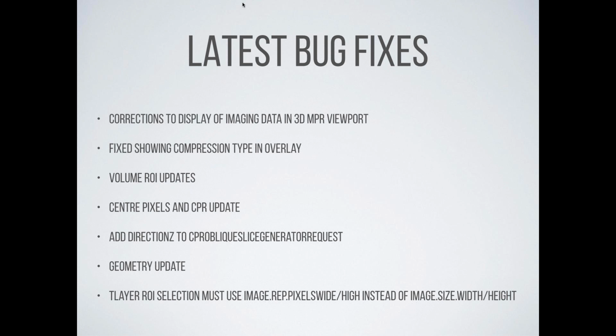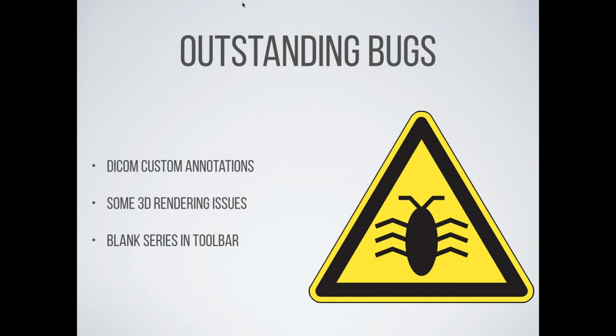And again, when it gets down into the technical weeds, I can certainly understand what you did here. I can't speak to it in depth, but we did make sure that all of these bug fixes are included in the release notes of version 1.0.4, which is in testing, and again will be released momentarily. We do have some outstanding bugs related to custom DICOM annotations. We're being told of some 3D rendering issues that we're still trying to work through identifying those bugs specifically.